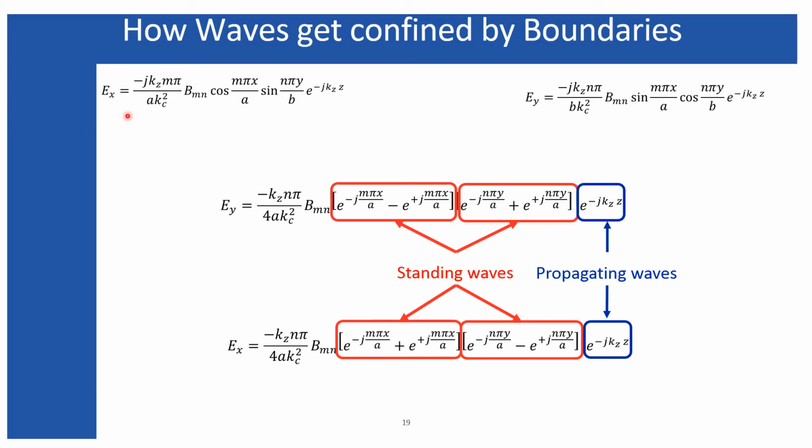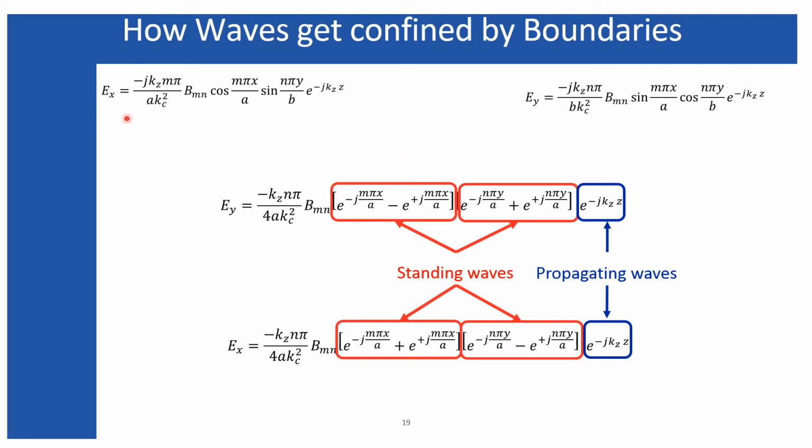For that purpose, I have assumed only two components, Ex and Ey, because the arguments which I'm going to discuss for Ex and Ey will be applicable for all other components, that means Ez, Hx and Hy also. However, here I'm going to demonstrate only for Ex and Ey, although the animations I will show you are only for one component out of Ex and Ey.